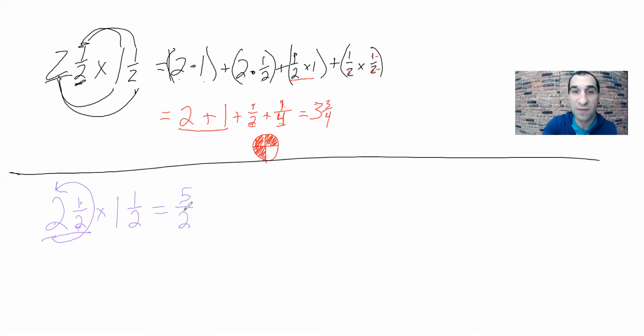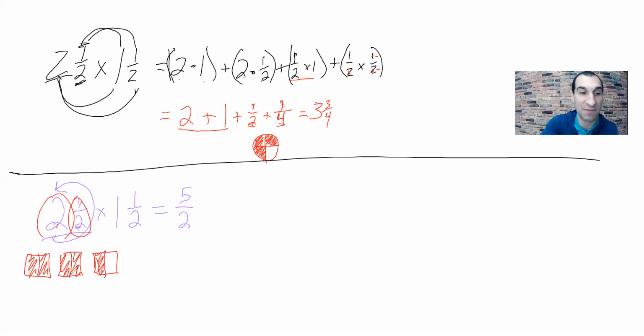Now, if you don't take my word for it, think about 2 1/2. If I have some squares that I want to draw out here, if I have 2 wholes, that's going to be 1, 2, 3, 4 halves. So my 2 wholes is 4 halves plus 1/2.